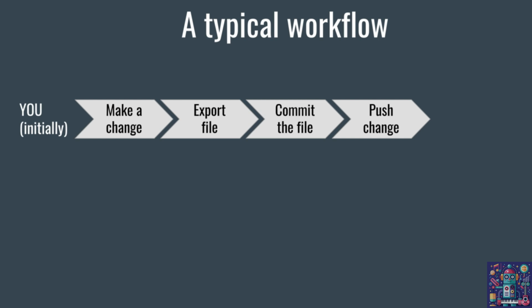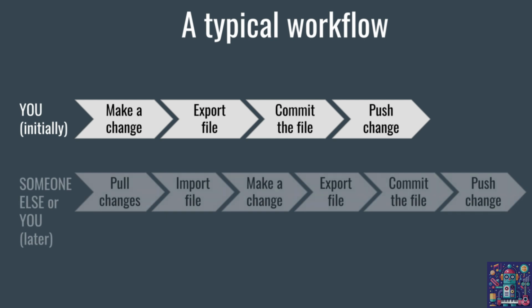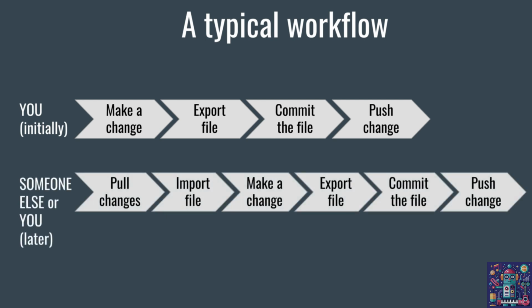Now, the next user that wants to use the latest version of the collection will first have to pull all the changes from the Git repository and will need to import the latest file. In case he or she wants to make a change, they can make this change on the collection, will have to export the file again, commit it, and push it. As you can see, there are a couple of steps involved here.